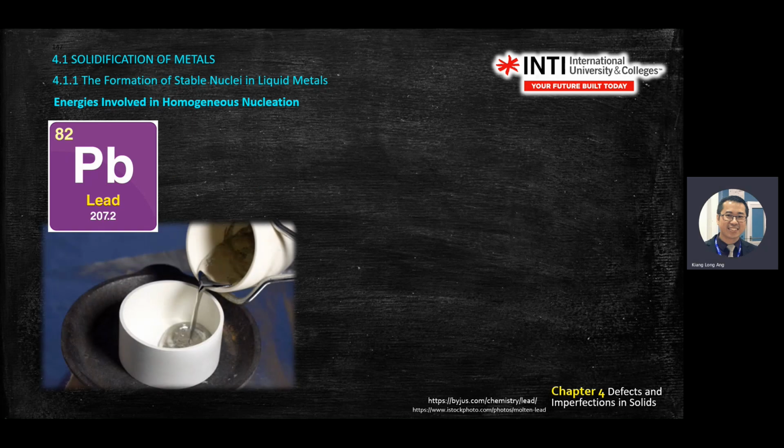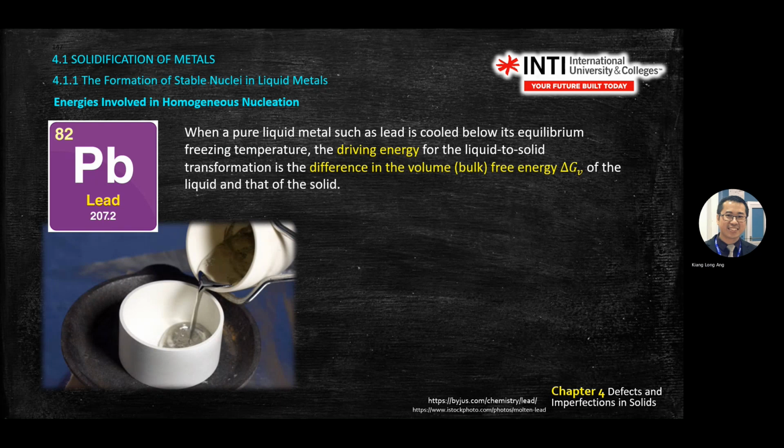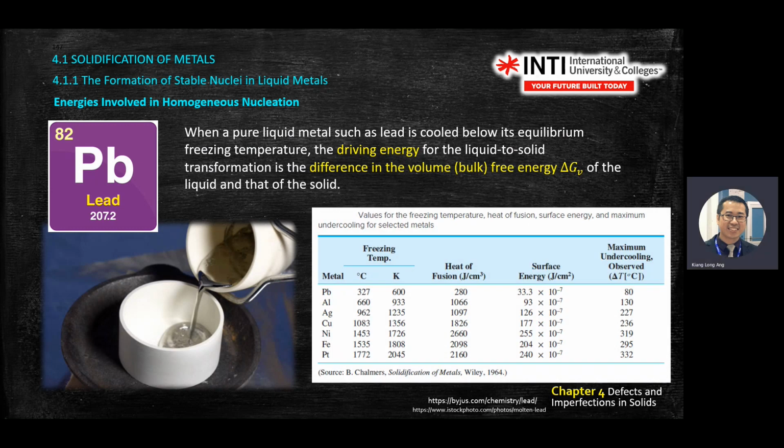Let's say for lead, Pb, if it's cooled below its equilibrium freezing temperature, the driving energy is the difference in volume energy, or we use delta G sub V, meaning in the volume. So look at this lead.